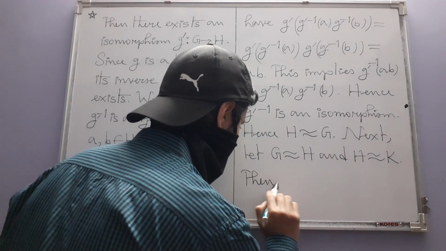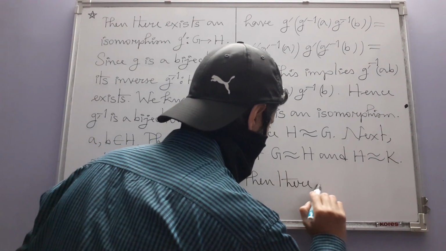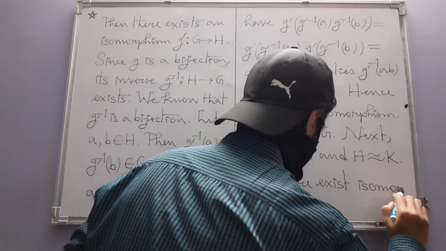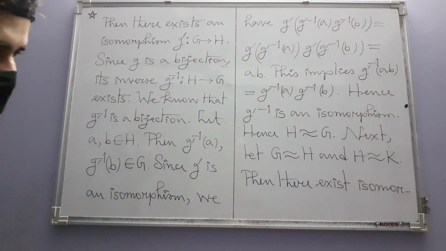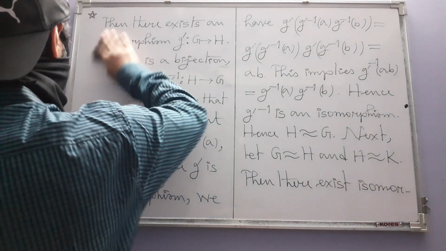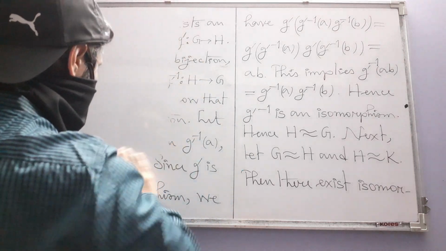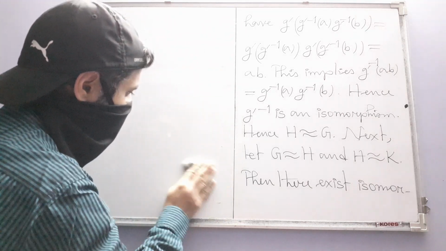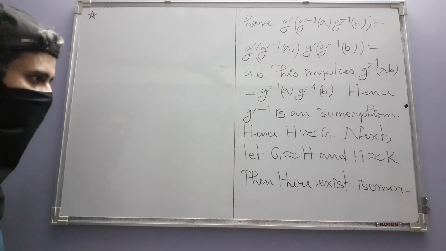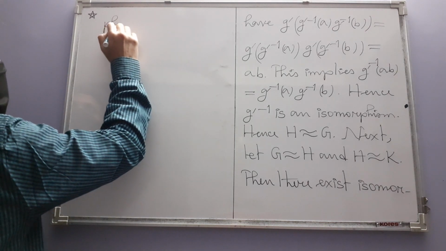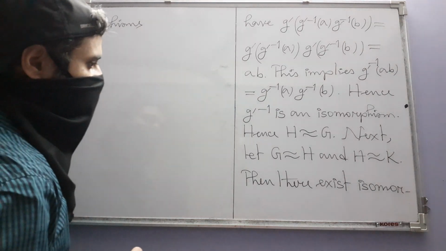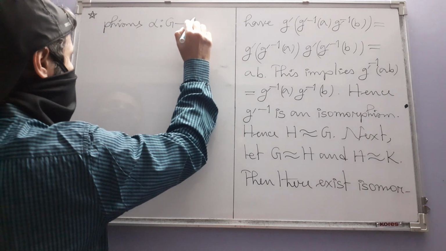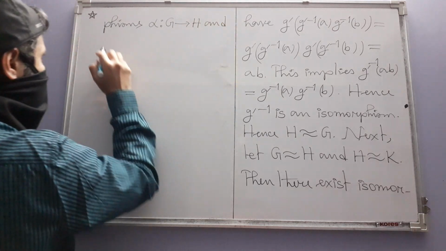Then there exist isomorphisms, say we call them alpha and beta.